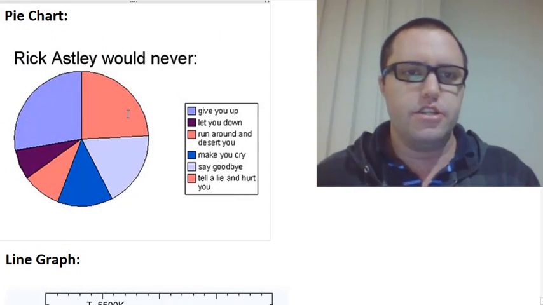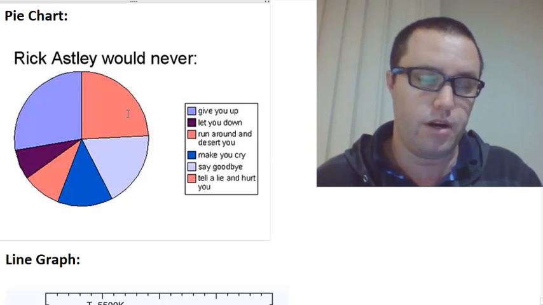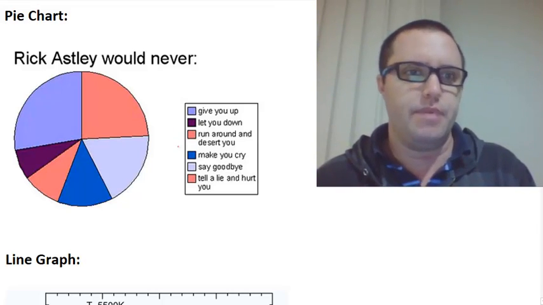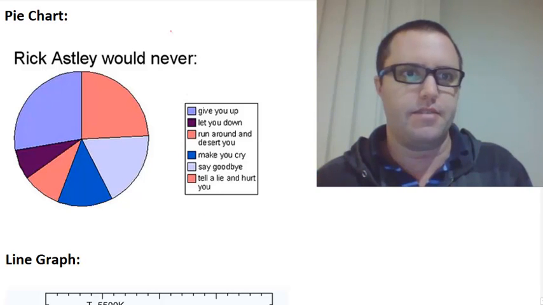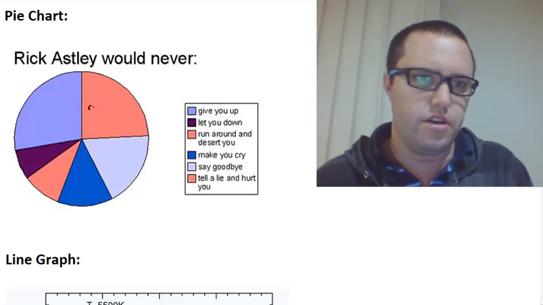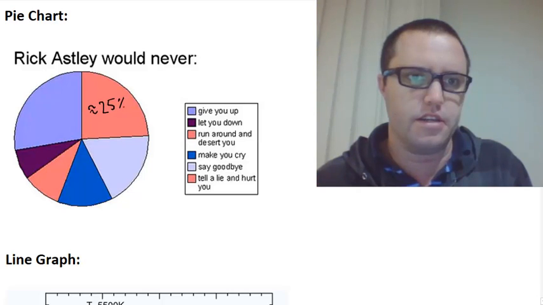Okay, pie charts. So named such because they look like a piece of a pie that's been cut up into different pieces. Essentially, each of these different sections corresponds to a different percentage. So this is about 25% of the whole.